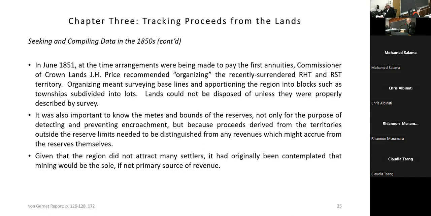Now, given that this region did not attract many settlers, very, very few, it had originally been contemplated that mining would in fact be the primary source of revenue. In fact, as I testified at great length in stage one, where I talked about mining for days, mining was the raison d'etre of the entire Robinson treaties.